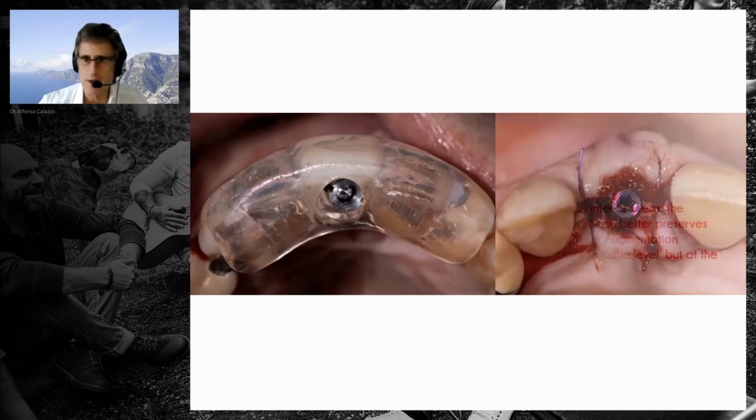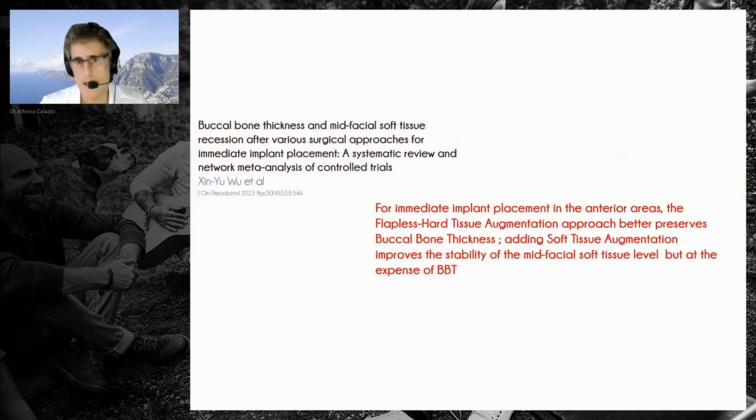Again, why am I doing this procedure, why am I placing the hard tissue, the xenograft? Because the literature says that this helps in maintaining the buccal bone thickness. This is a systematic review from April 23. And for the soft tissue, we have some doubt about using it, but using soft tissue is very fashionable.